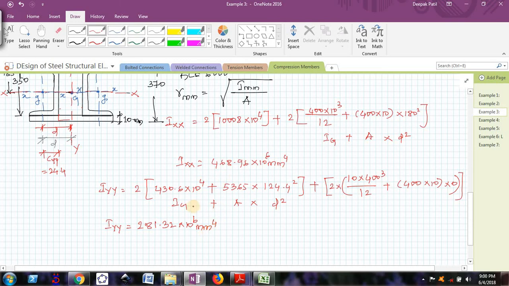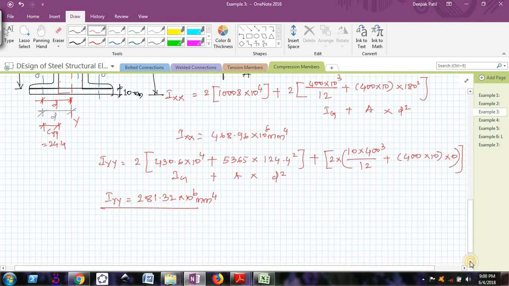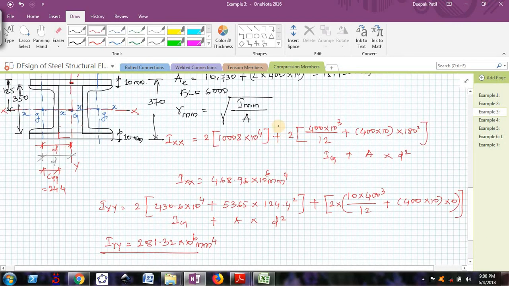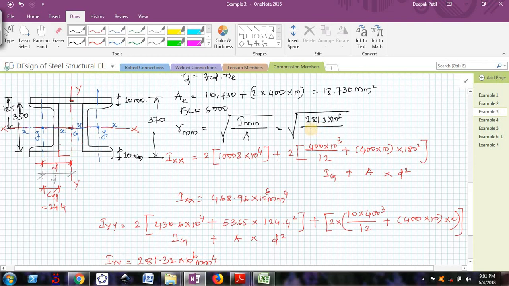So out of IXX and IYY, I am getting IYY as the minimum, so that I have to substitute in finding R minimum. So this will be now 281.32 into 10 raised to 6 divided by the total area, which is coming out to be 18730.